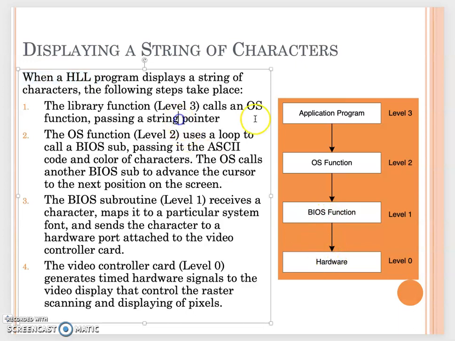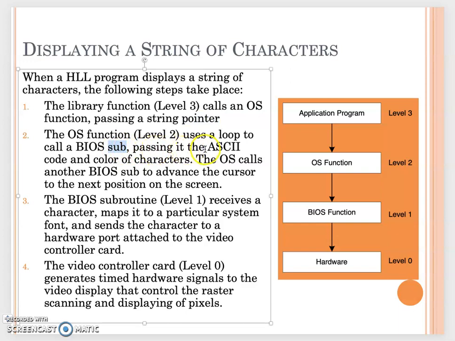So you can see, between level 2 and level 3, your library function, for example cout, calls the operating system function. You pass in a string pointer, where that string location is. Then the operating system function uses a loop to call a BIOS sub, which here means subroutine.